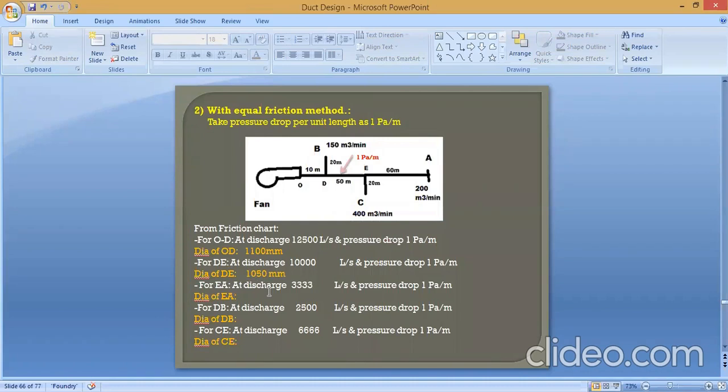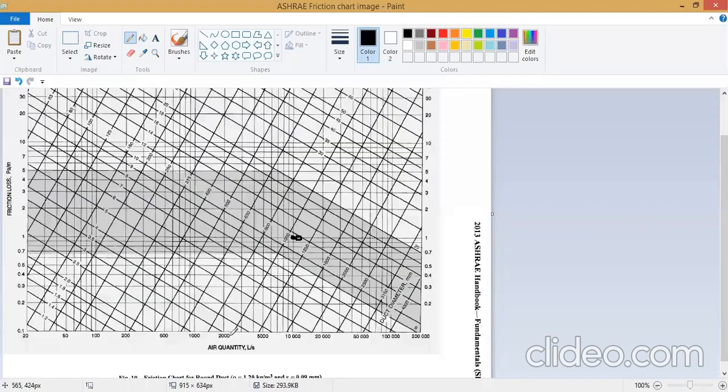Next is EA, triple 3, 3333. So for triple 3, 3000, 4000, that point is somewhere here, and the diameter comes to be approximately 600.